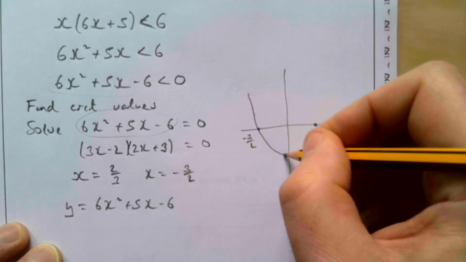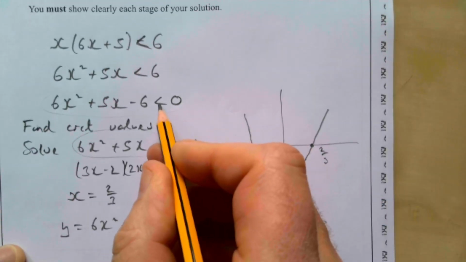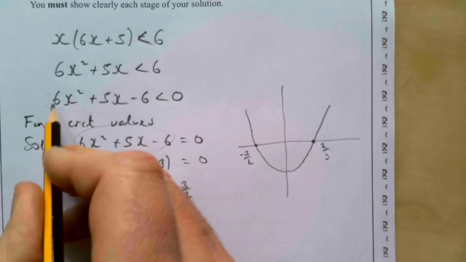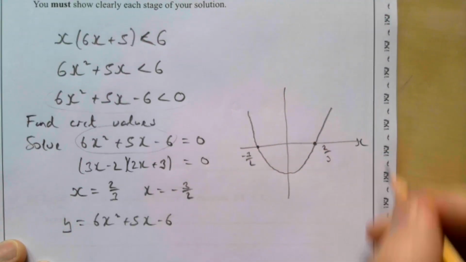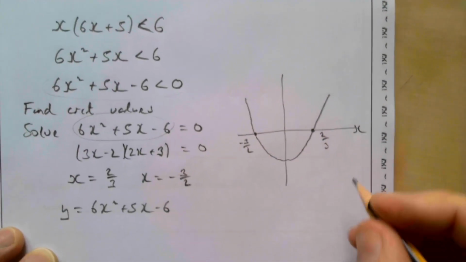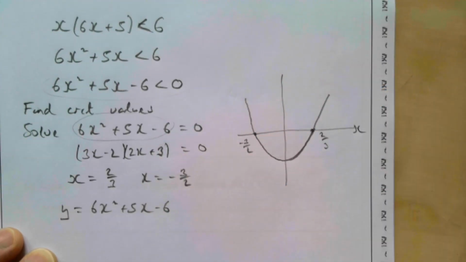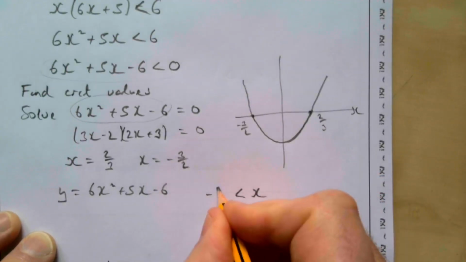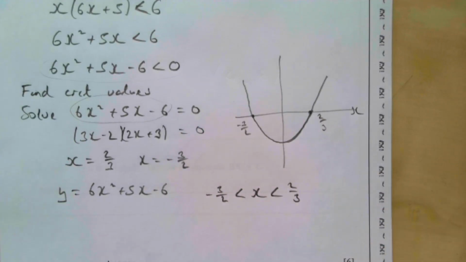And we're looking for where this is less than 0. It means where this line is lower than our x-axis, and that then is in between here and here. So that means our value of x is in between minus 3 over 2 and 2/3.